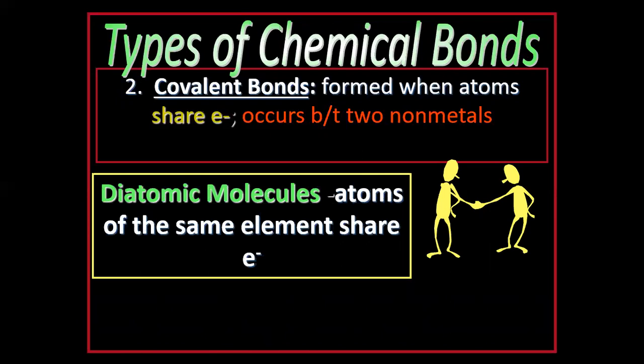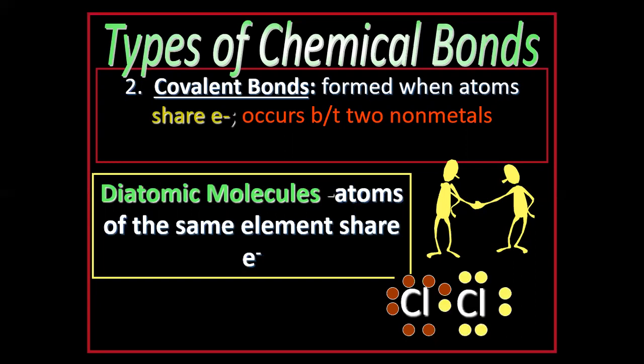Diatomic molecules are molecules having two atoms. Atoms of the same element share electrons. For example, one chlorine atom and a second chlorine atom share one electron each to form Cl2, chlorine gas.